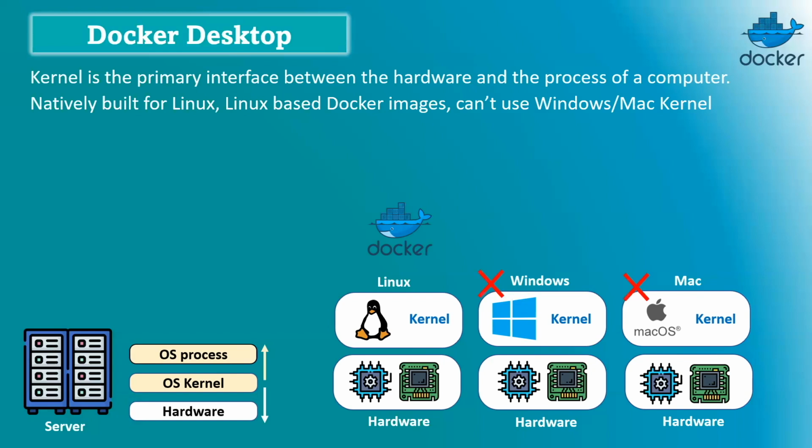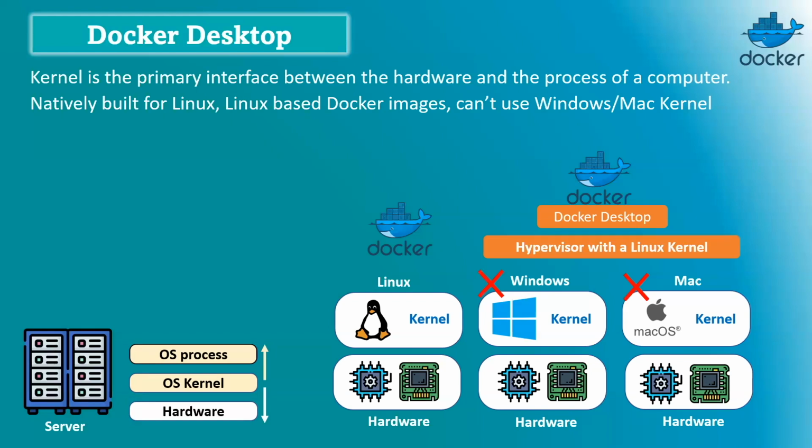To solve that problem, Docker Desktop was introduced. Docker Desktop added a thin layer of hypervisor with a lightweight Linux distro, or Linux distribution, which provides the Linux kernel on top of the Windows and Mac operating system kernel. The addition of this Linux kernel makes Linux containers compatible with Windows and Mac operating systems.